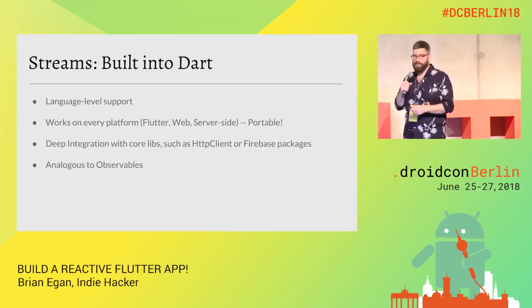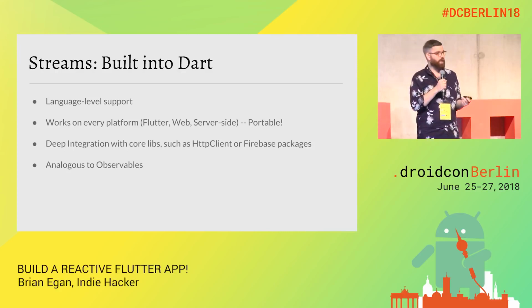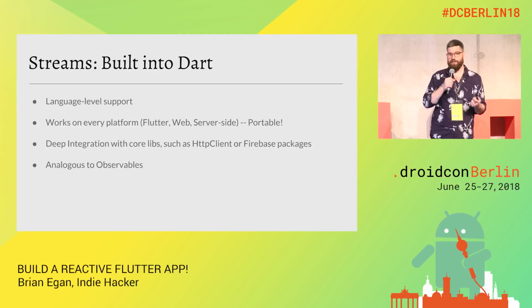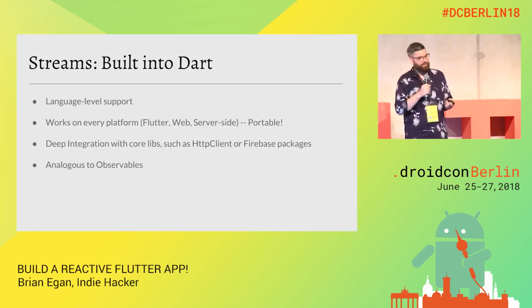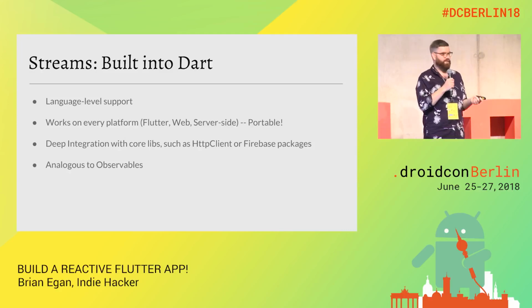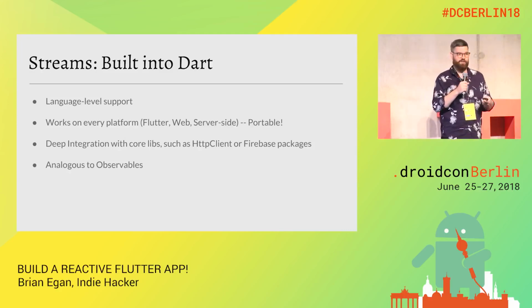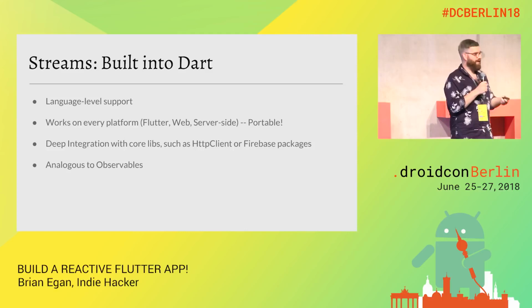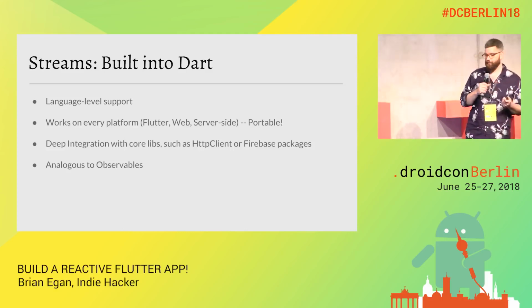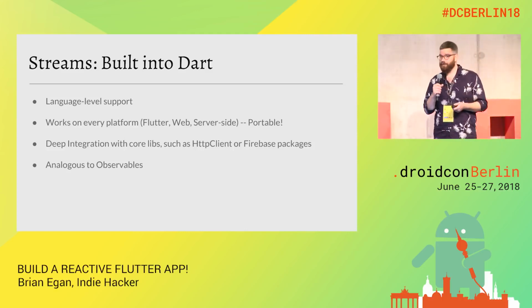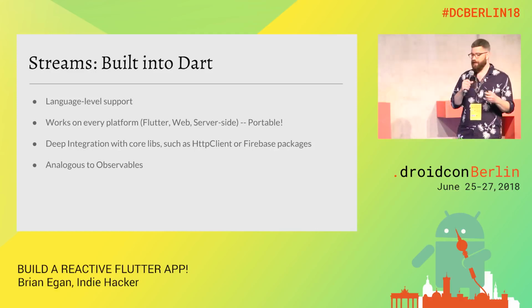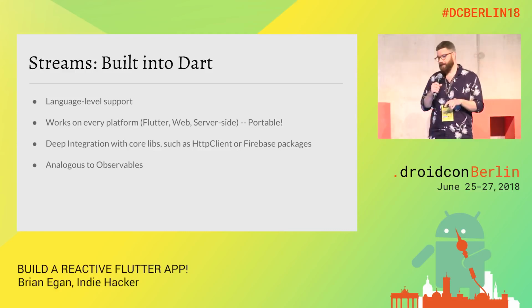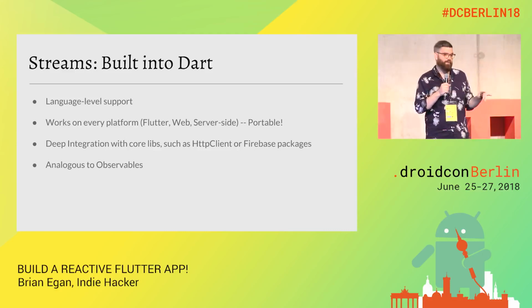As I said, it's based on streams, and streams are a really great abstraction because they're baked right into Dart, so you get language level support for them. There are these functions called async star functions, and they allow you to create and return streams in a really nice way. The other really big benefit, and one reason the AdWords team at Google invented this, is that streams work on every platform.